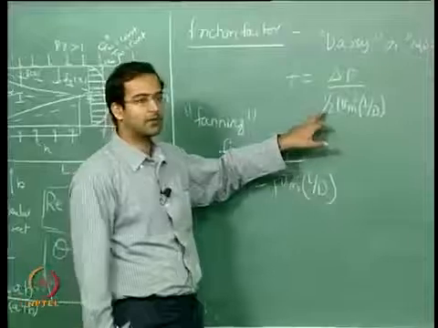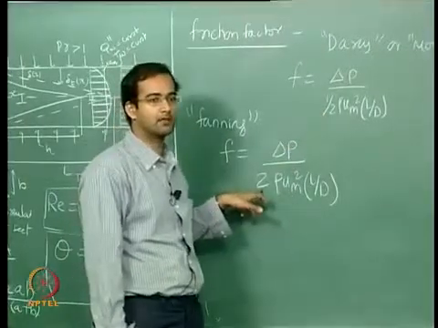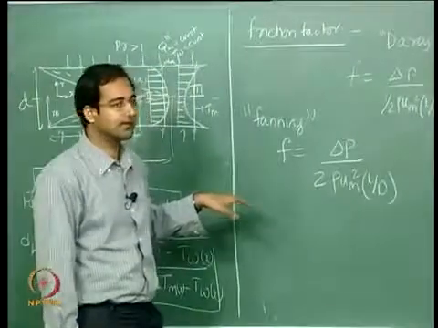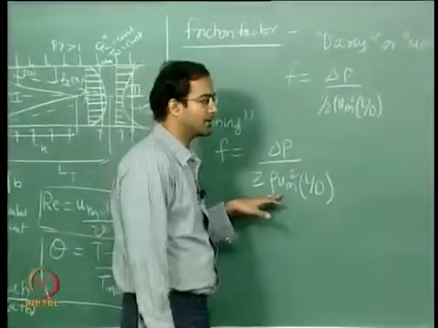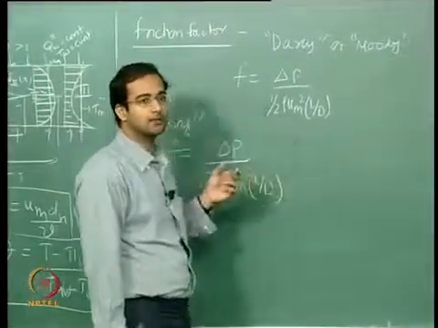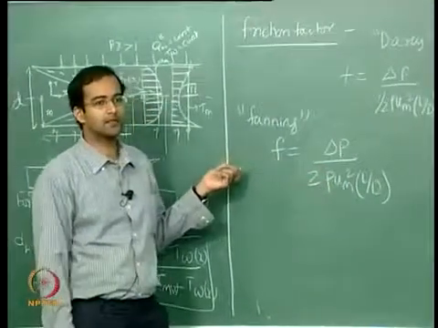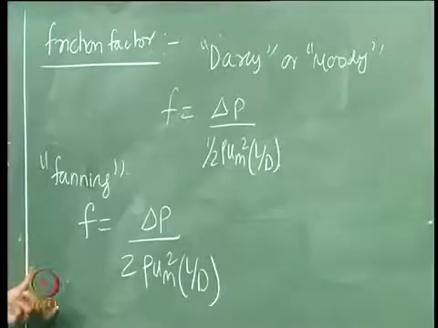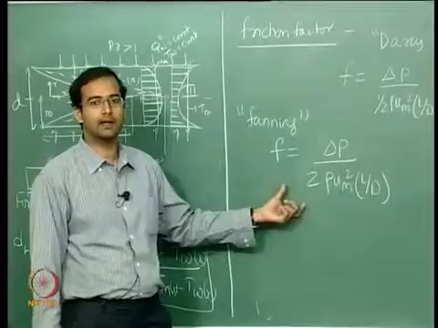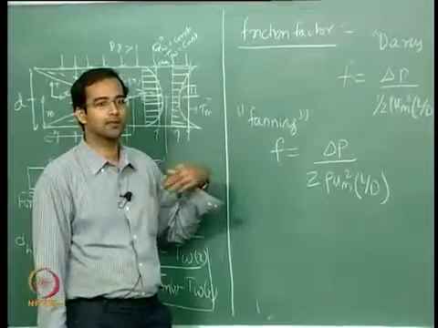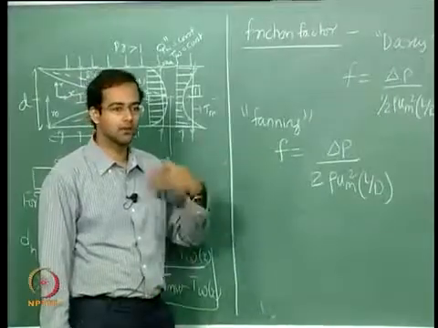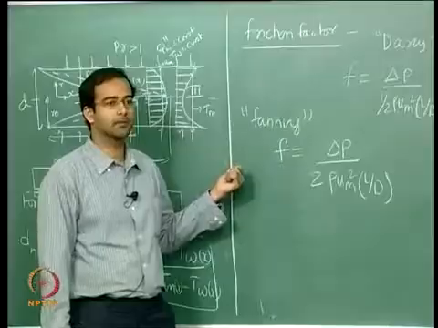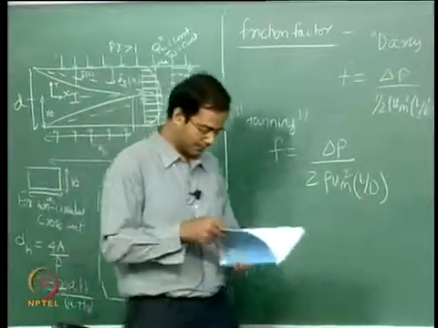Here they use a factor of half, and here Fanning uses a factor of 2, and you will see why Fanning defined it this way: for the fully developed internal flows, the Fanning friction factor exactly comes out to be the same as the skin friction coefficient. So he defined it in a convenient form where you can replace the skin friction coefficient which you are used to in external flows, and that will become equal to your friction factor in the internal flows.